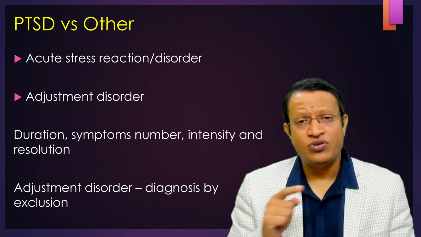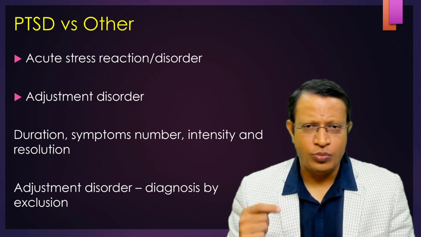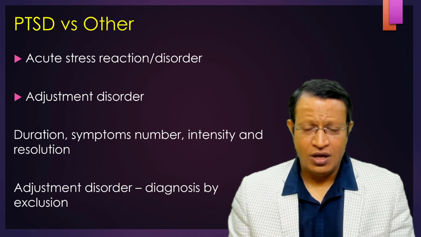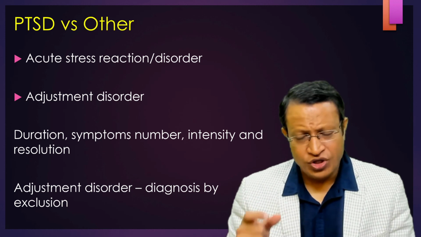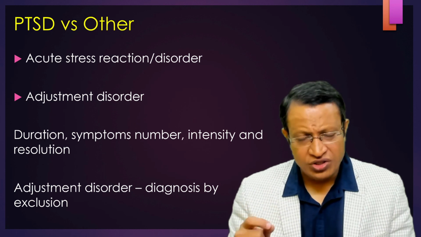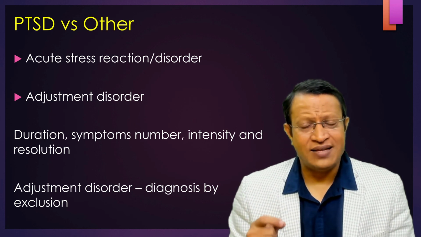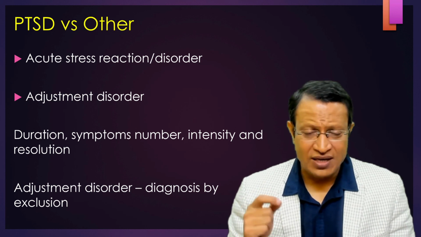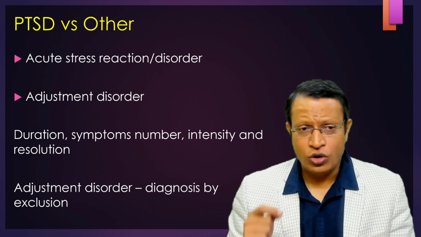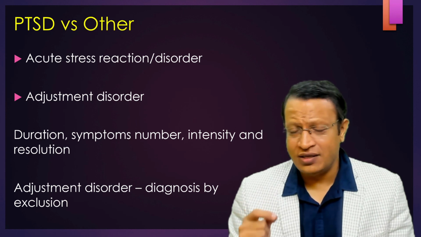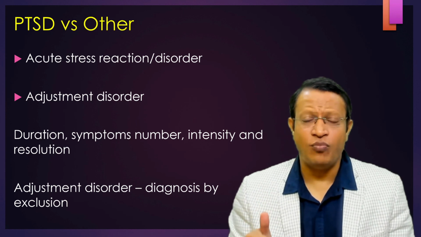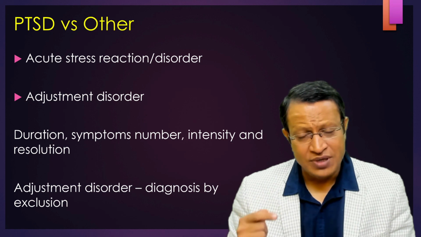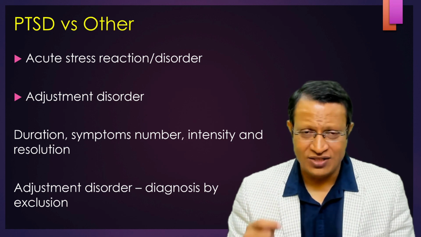That means acute stress reaction will be converted to PTSD after 1 month. Whereas adjustment disorder will be short lived, limited to the duration of stress. If the person has 7 symptoms with regard to PTSD for more than 1 month, it will be considered as PTSD. Hence, to differentiate between PTSD and other disorders, the duration of more than 1 month and symptom severity and quality play a very essential role.